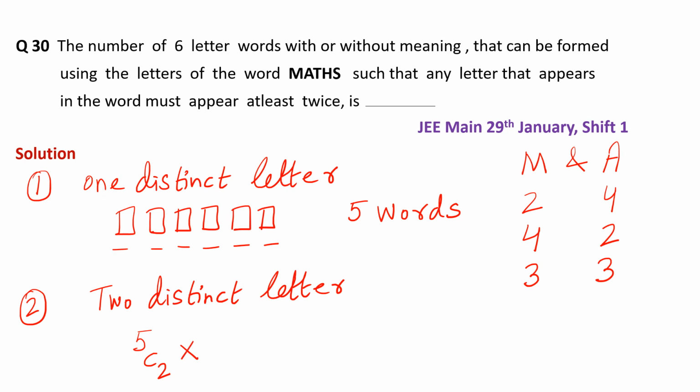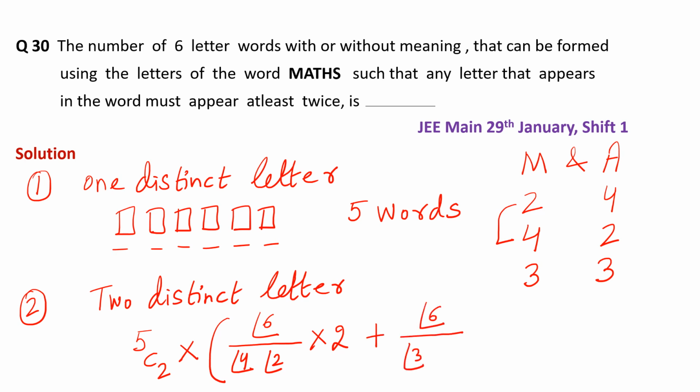So the total number of words becomes 5C2 into factorial 6 divided upon factorial 4 into factorial 2 into 2. Why 2? Because I have covered both of these cases. Then we have plus factorial 6 divided upon factorial 3 into factorial 3. This is for the third subcase.